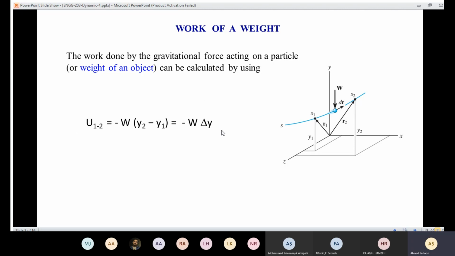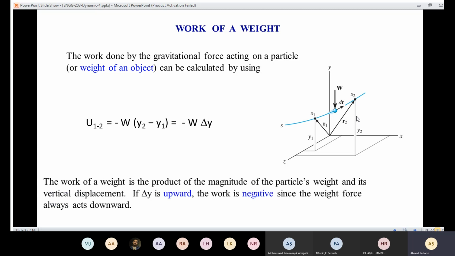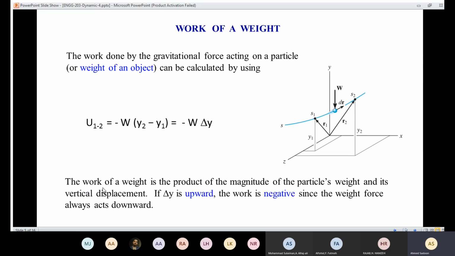We are going to assume that the direction of the weight is opposite to the direction of the displacement. So if delta y, the difference in y, is upward, that means the work is going to be negative. So the work of the weight is a product of the magnitude of the particle's weight and its vertical displacement.